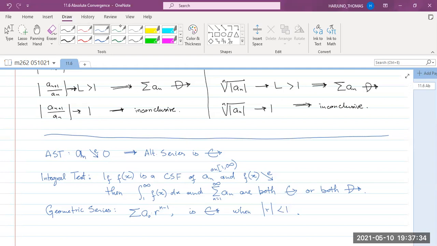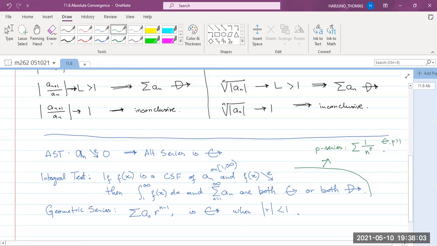And part of the integral test, let's not forget, we have the p-series. That's how we derive it from the integral test. The series of 1 over n to the p is convergent when p is greater than 1, divergent otherwise. Those are all the tests that we have learned.